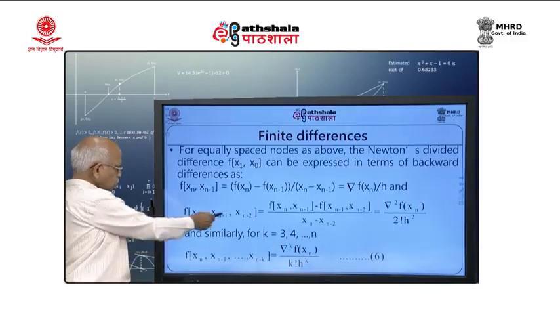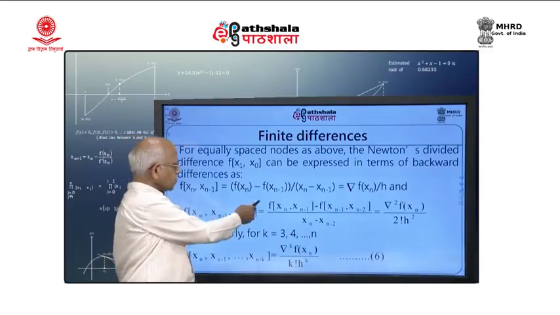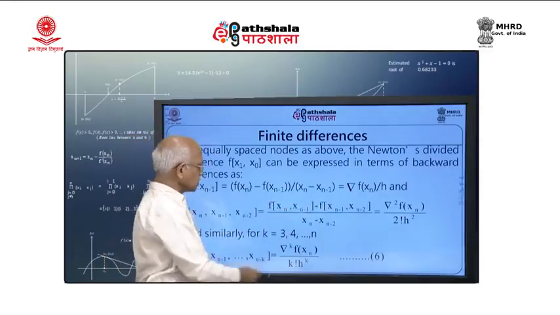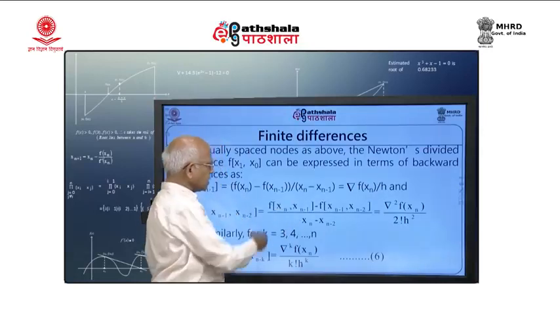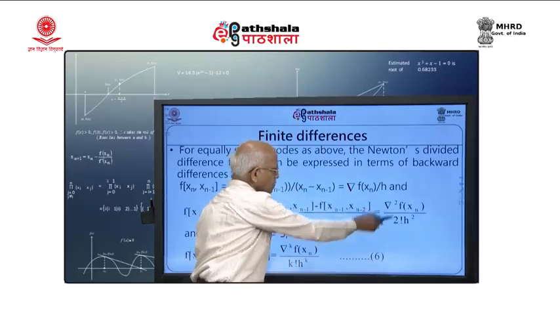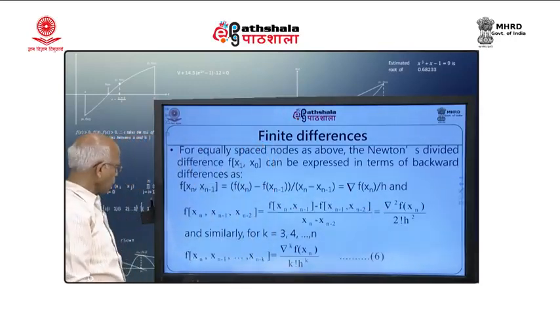If I take 3 nodes starting from last again, then we will get f[x_n, x_(n minus 1)] minus f[x_(n minus 1), x_(n minus 2)] upon x_n minus x_(n minus 2). This is the definition of divided difference, and from that we can derive that it equals del square f(x_n) by 2 factorial into h square. That is what we will be getting there.